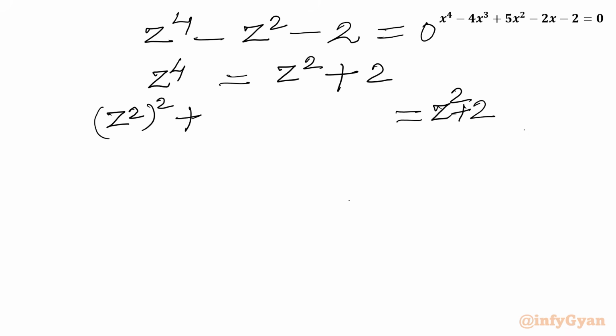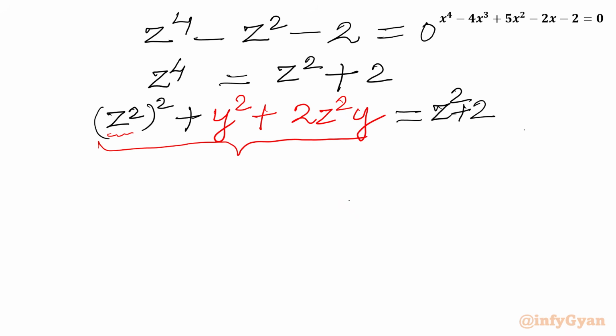Now we are going to add some terms over here. What should we add to the LHS to get one perfect square in the left hand side? So I am adding here y square plus 2 times the product of these two, so I will write 2 times z square times y. Now these three terms will give us (z square plus y) whole square.